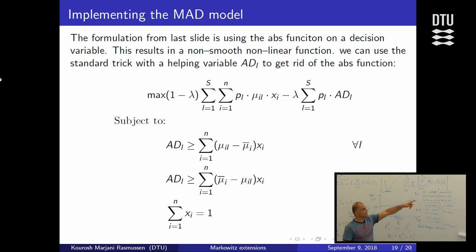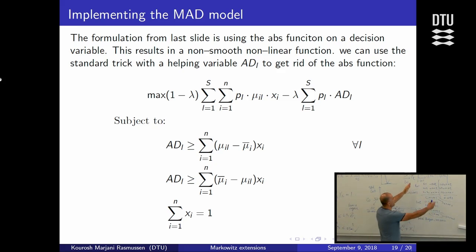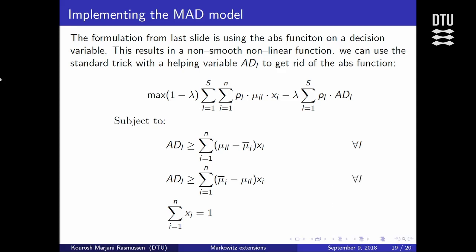What we're doing is taking this whole thing out and replacing it by this new variable that I called AD_L, AD for absolute deviation, and we introduce this as a positive variable, or just as a variable.